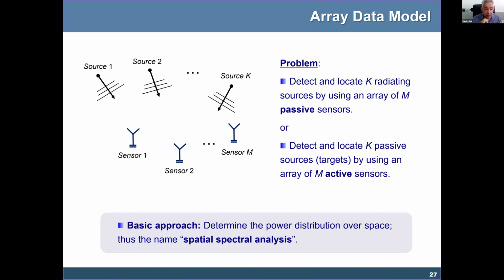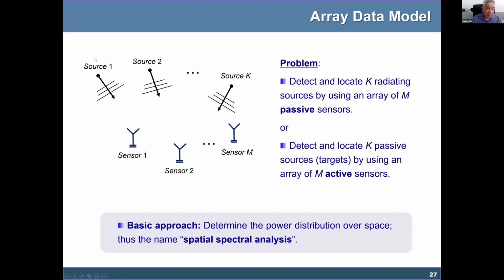Now, to derive the array data model, let's assume we have an array of M sensors with any geometry: linear, planar, fully dense, sparse, or thinned, whatever. So we have M sensors distributed in space.